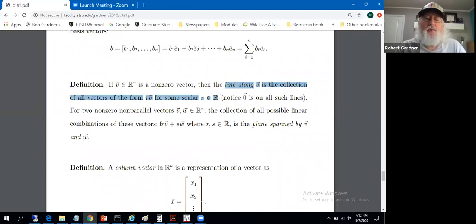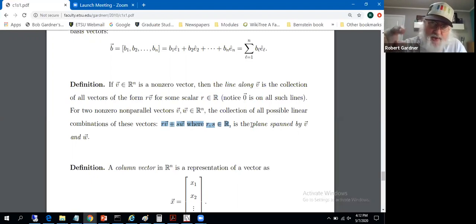A similar story with this: if I take all these vectors down here, they lie in a plane, if you put them all in standard position in a coordinate system. We'll see some pictures on down the line, but these really do represent planes. But the only way you can have that geometric interpretation, and I try to make a big deal out of this, is to put the vectors in standard position.